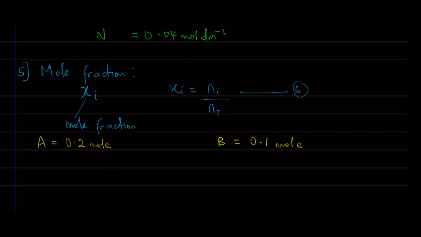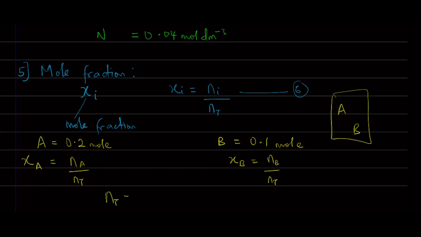If we want to get the mole fraction of A, which is expressed as XA, that is going to be number of moles of A over total number of moles. If I want to get the mole fraction of B, it's going to be number of moles of B over total number of moles. And how do we get the total number of moles? Since A and B are both present in the container and form the solution, the total number of moles is the number of moles of the first component plus the number of moles of the second component, and we can solve for it that way.